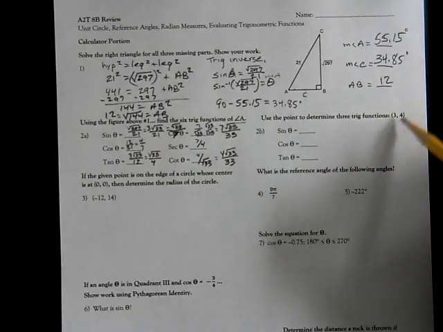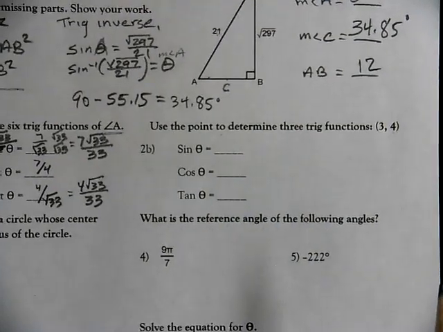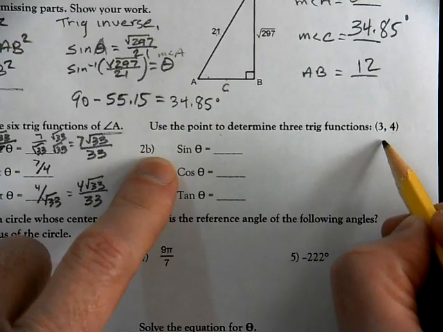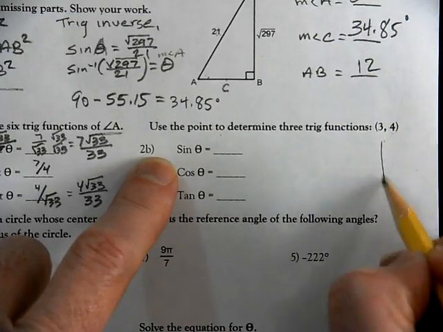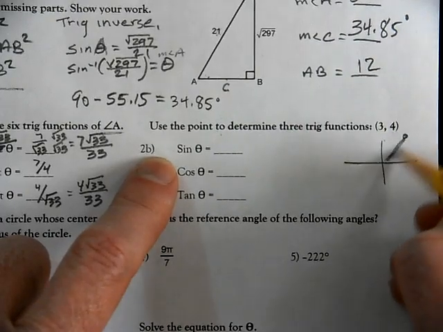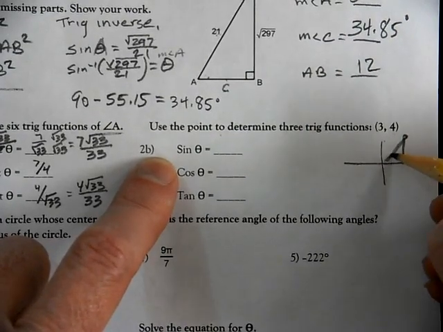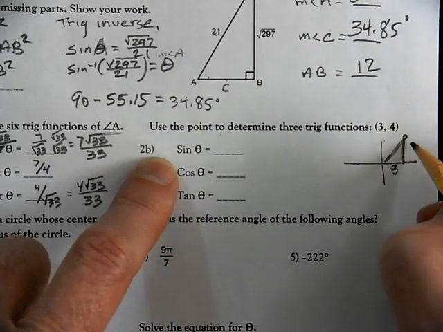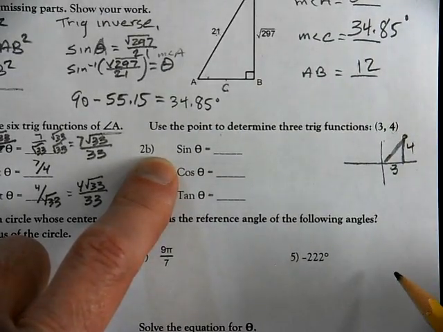Now we're going to use this point, 3, 4, to determine our trig functions. So if we have point 3, 4, so 3 is our x, 4 is our y.